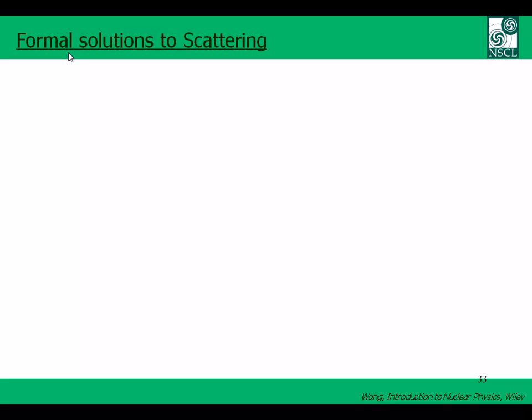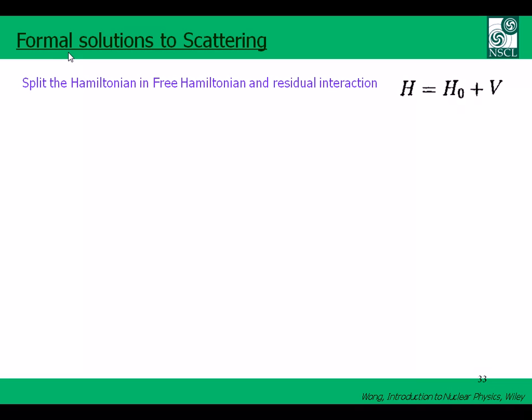And then we're also going to look at expansions that give rise to approximations, very useful approximations in this context. So what I just did, just summarizing, was to split the Hamiltonian between something that I may call a free Hamiltonian plus some residual interaction.